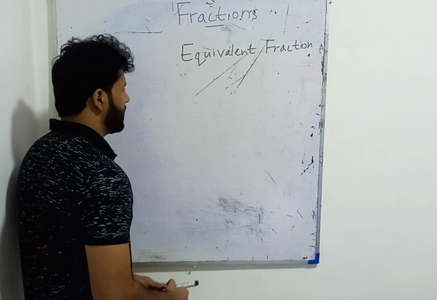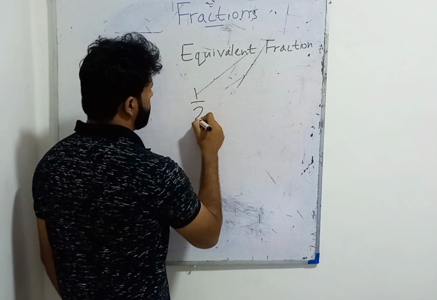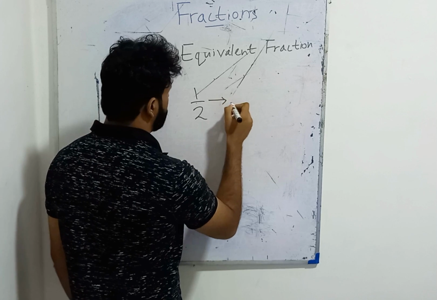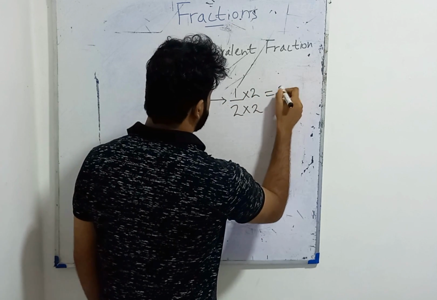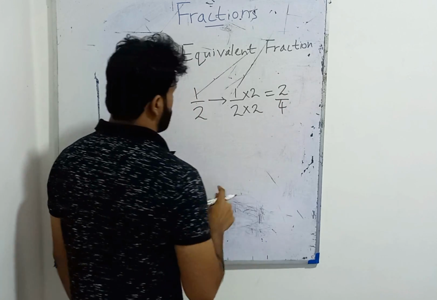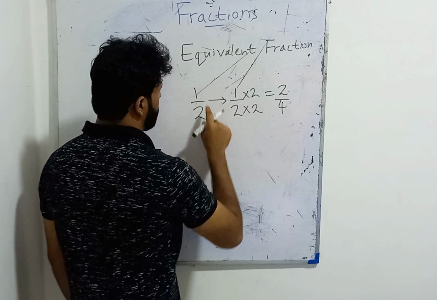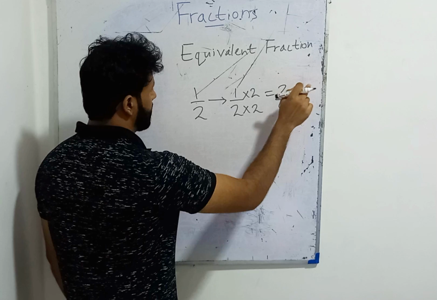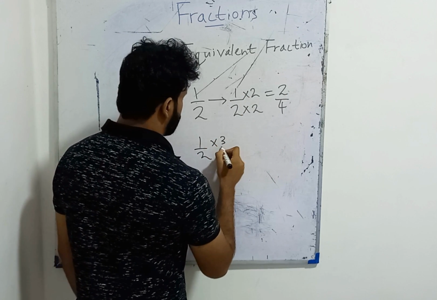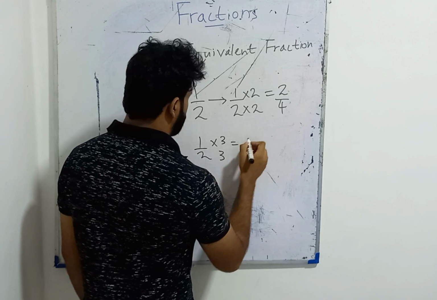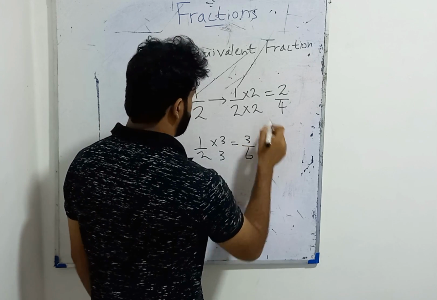Simply, you can take 1 over 2. If you multiply this 1 over 2 by 2, then you get 2 over 4. So 2 over 4 and 1 over 2 are the same, and these are equivalent fractions. Let's take 1 over 2 multiplied by 3, then you get 3 over 6.